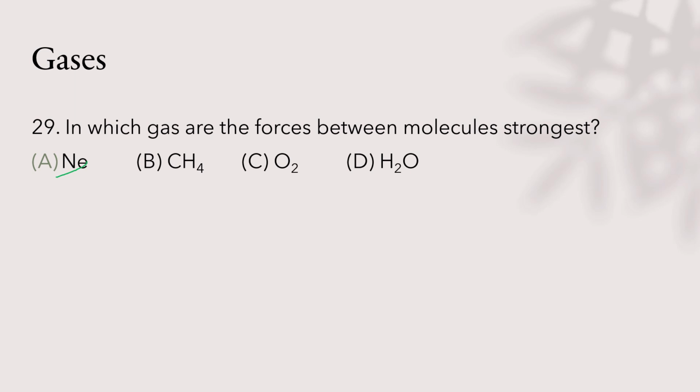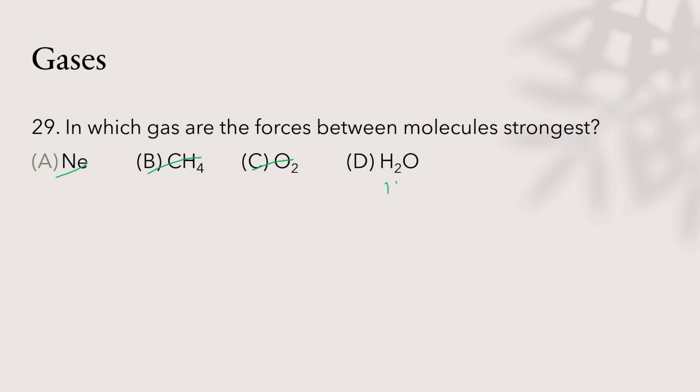CH4. CH4 we said does not have a dipole moment. It's nonpolar. All hydrocarbons are nonpolar. So the only thing it's going to have is London dispersion, so that's not it either. Looking at choice C, O2. O2 is symmetrical, it's not polar. All it should have is London dispersion forces, and then we get to water. Well, water is a polar molecule, so you initially think dipole-dipole, but it actually has hydrogen bonding because of the OH.